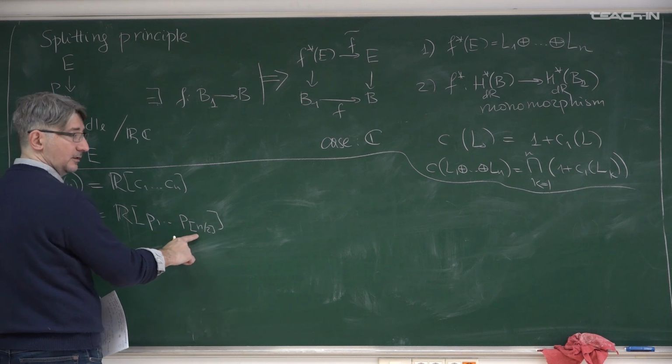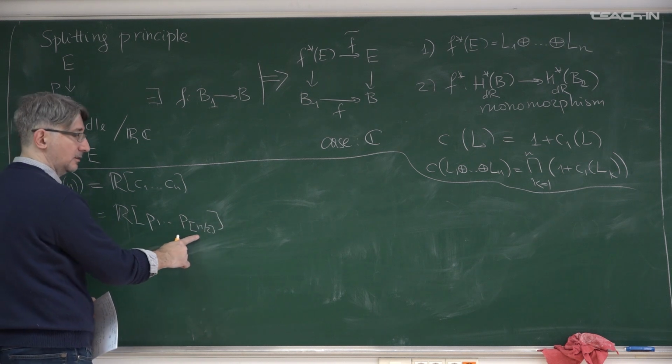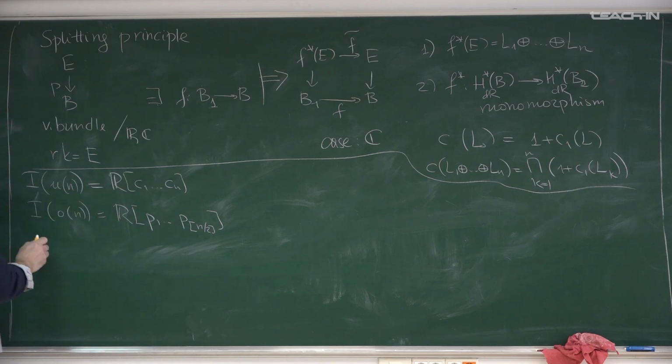So you divide n by 2 and take the integer part. And what happens if you take these invariants for a special orthogonal algebra? As Lie algebras, they are the same, but you consider ad-invariants with respect to different Lie groups. This group is a little bit bigger than this one, so these two algebras are different.